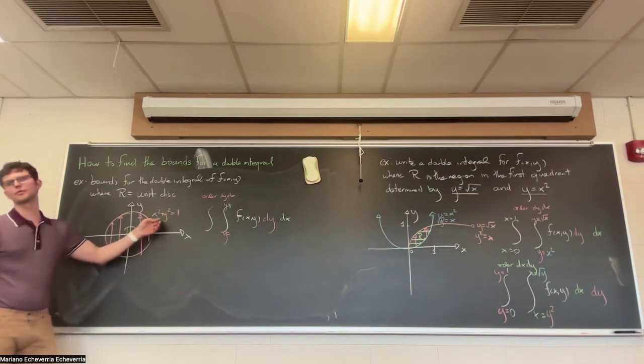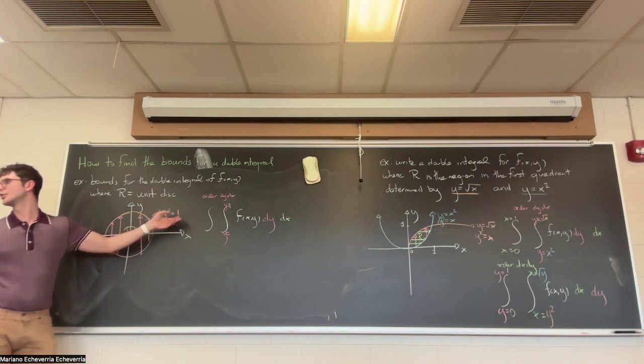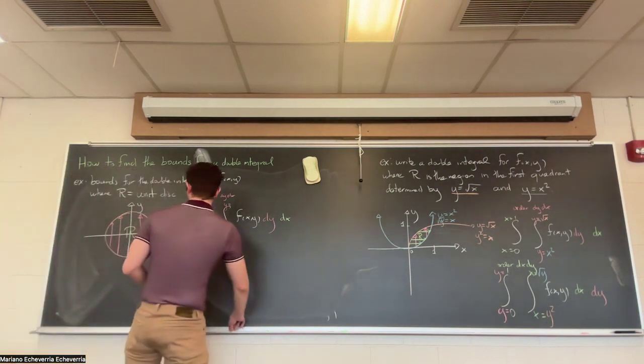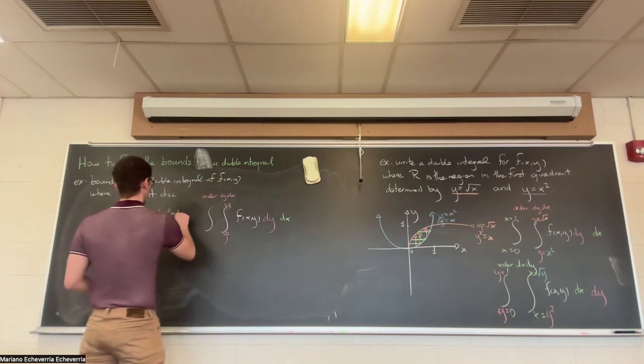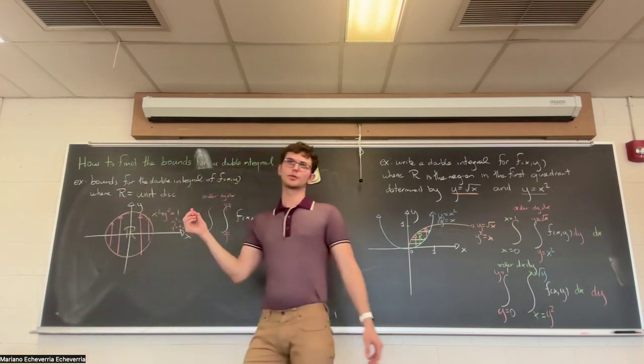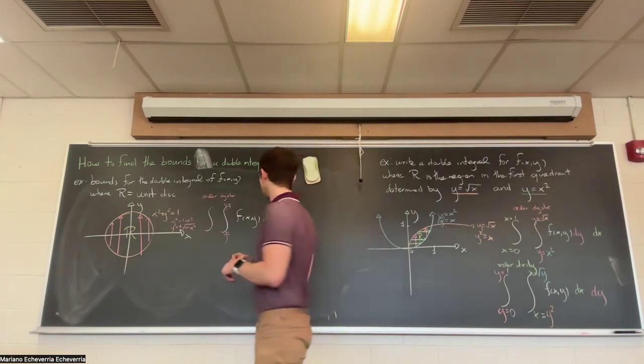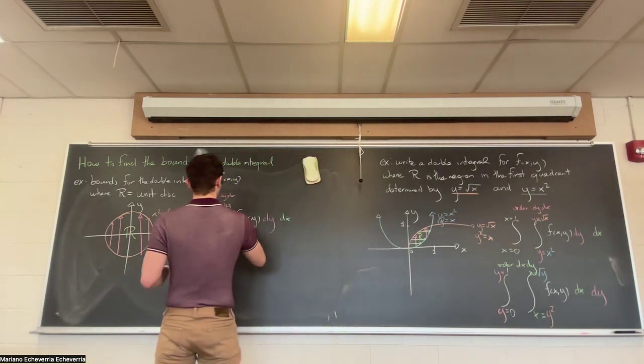So essentially what you have to do is take the equation of the circle and solve for y. So y squared equals 1 minus x squared, and so y equals plus or minus root of 1 minus x squared. The plus or minus is important here because that gives you the bottom and top bounds in the integration. So you get minus root of 1 minus x squared and plus root of 1 minus x squared.